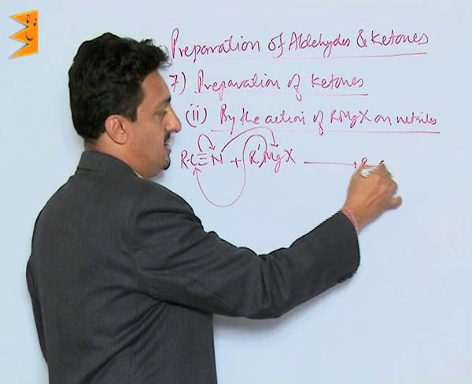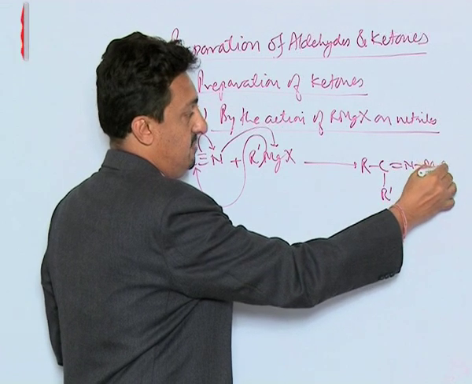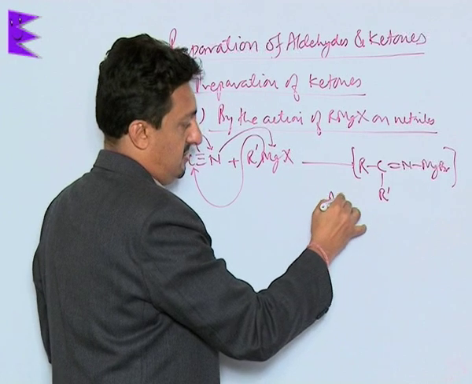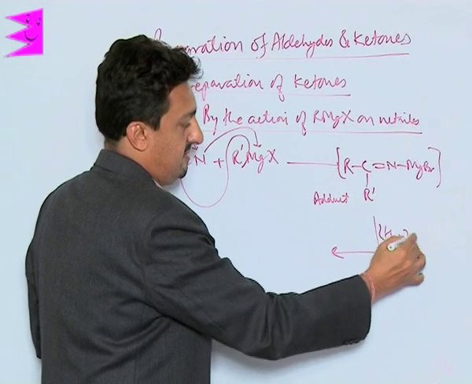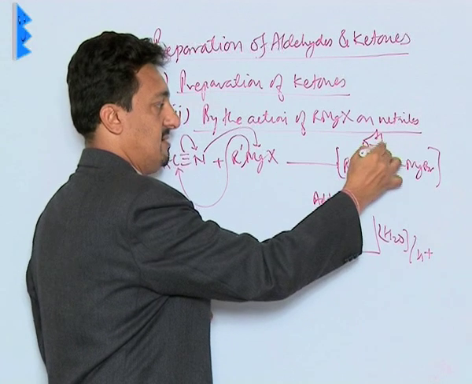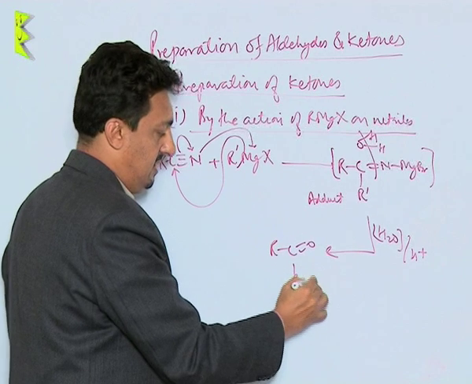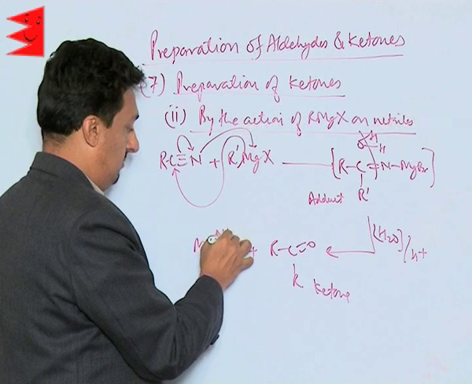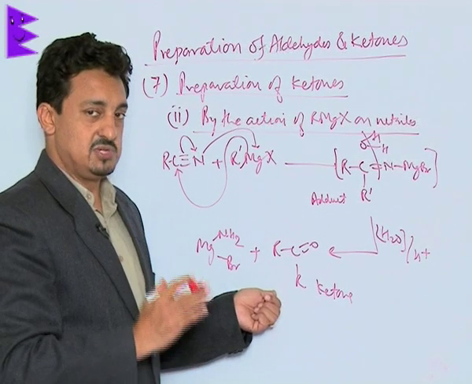So we will have R, C, R dash, double bond N, MgBr. This is the adduct which is formed. This on hydrolysis in acidic medium will give us a compound like this. So the compound which we get will be a ketone and magnesium amino bromide. So this is how we get exclusively a ketone.